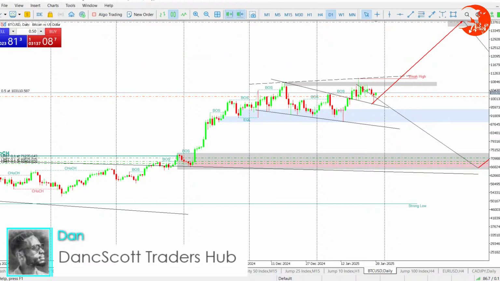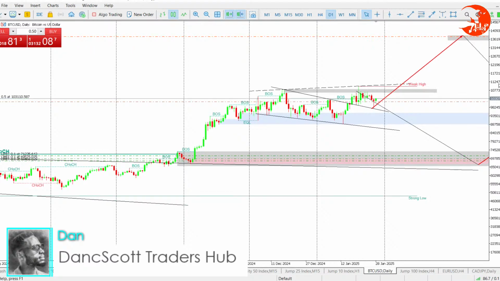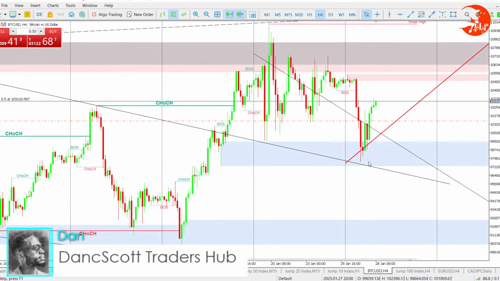Now, for those who love swinging, or for those who love trading bigger time frames, you can make your entry just like I've done here. Now, you realize that my stop loss is just below there at the start of that very buy candle, which is today's candle. So that's what I'll be looking at.